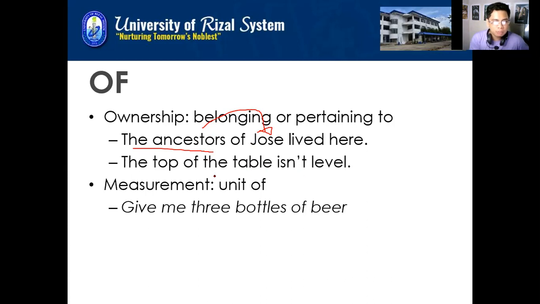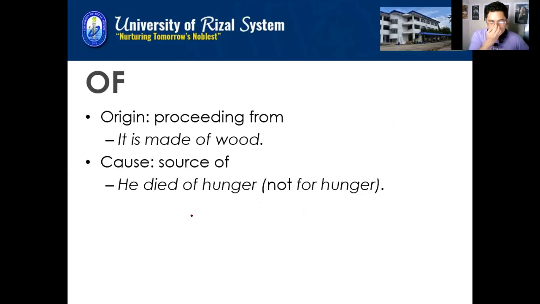The top of the table, we are pertaining to the part of the table, which is the top. We are also using of when we're referring to a unit. So give me 3 bottles of beer. Then origin, it is made of wood. Let's say the table is made of wood.